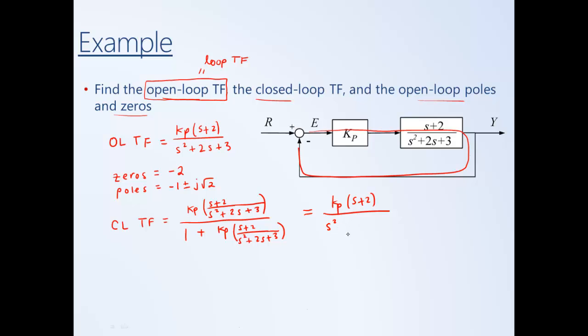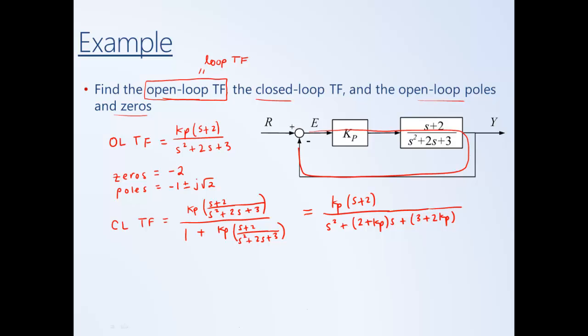So we get s squared plus 2s plus 3, and then when we multiply it by this term, that'll cancel. So in addition to the 2s term, we'll also have the Kp s term. And in terms of our constants, we'll have a 3, and then we'll also have 2 times Kp. And that, therefore, is our closed loop transfer function.